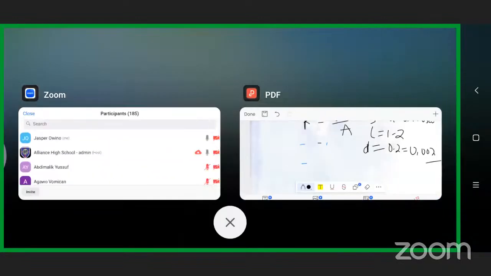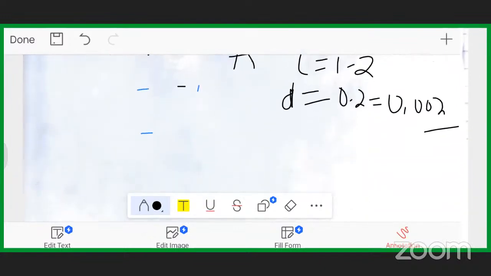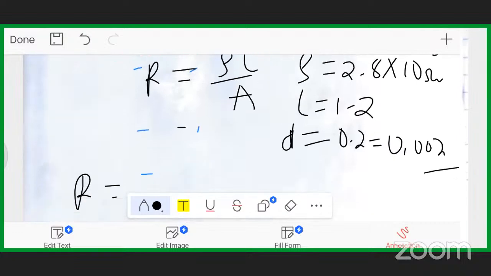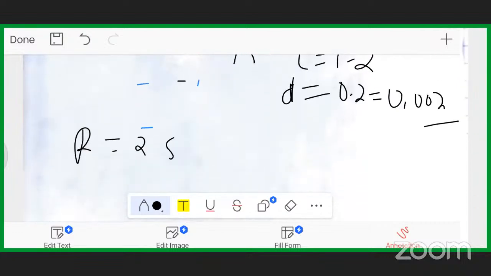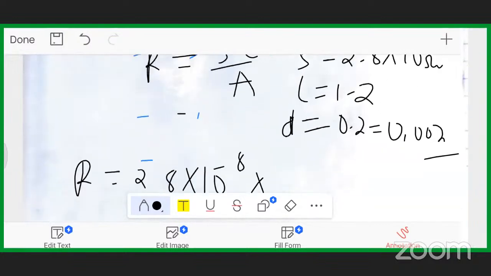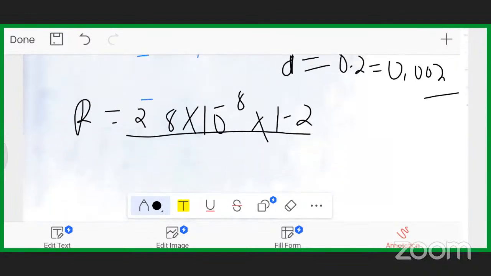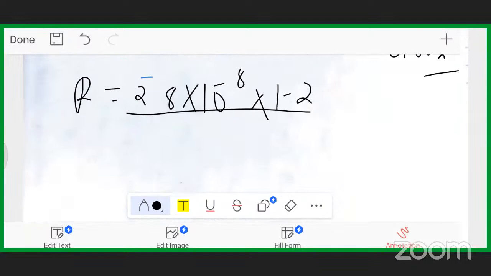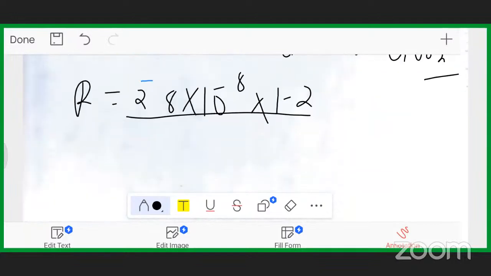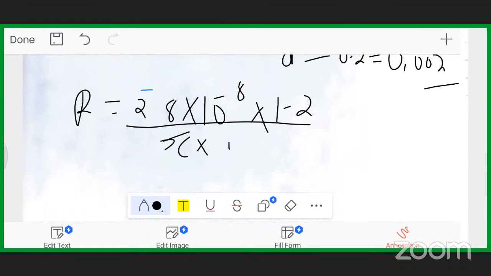Okay, we are almost done. Oh, our time has really gone. I'm just realizing that. So R will be the 2.8 times 10 to the -8, and L is 1.2. Then the area is pi times r, which will be 0.001, then you square that.